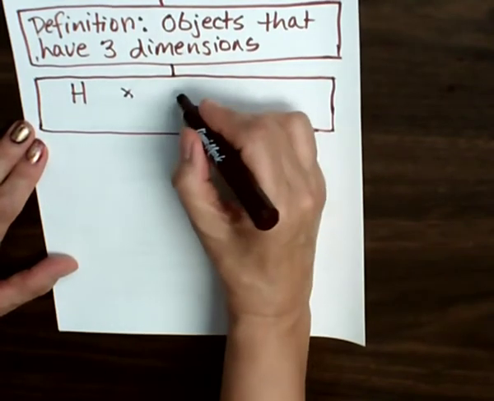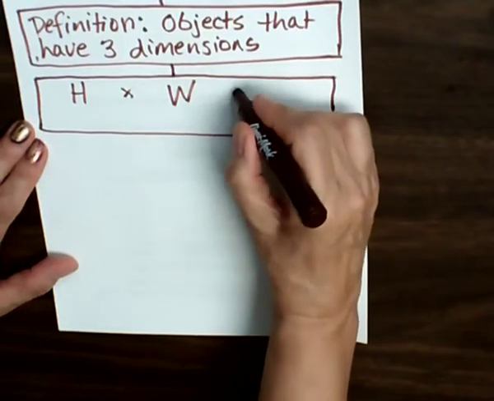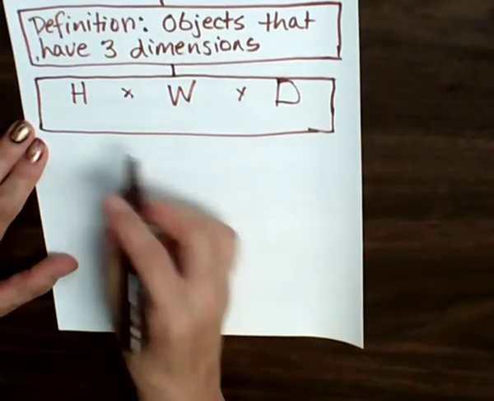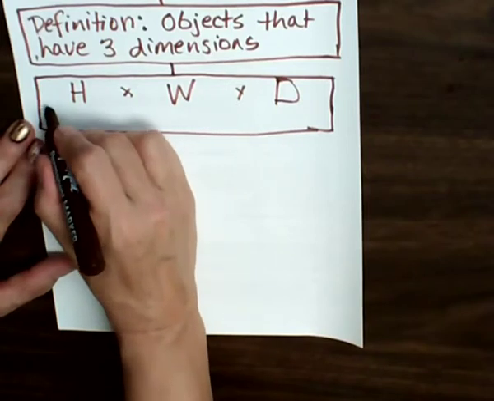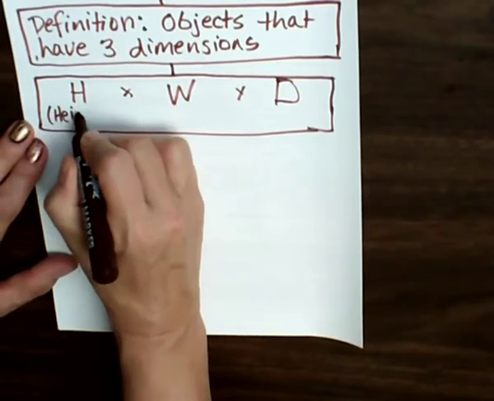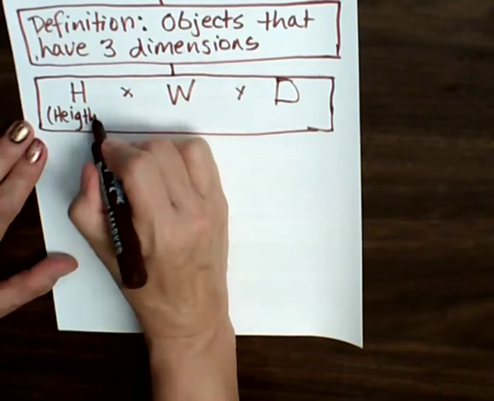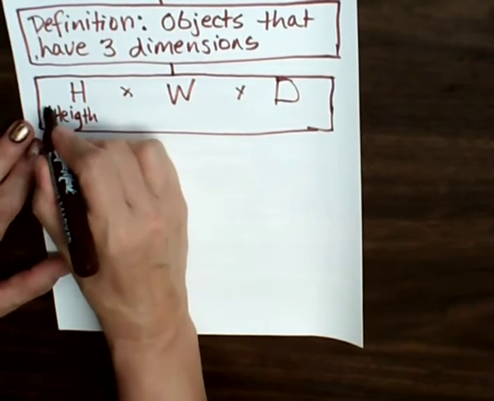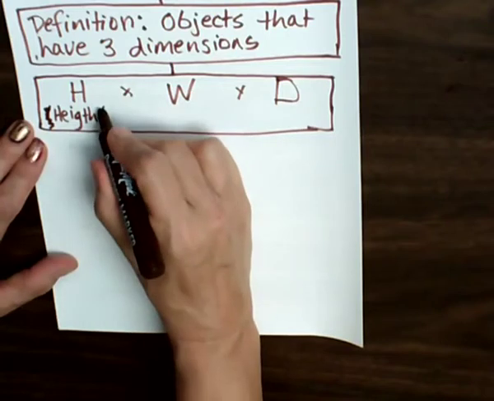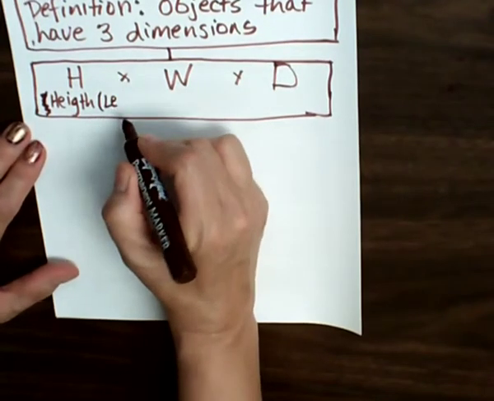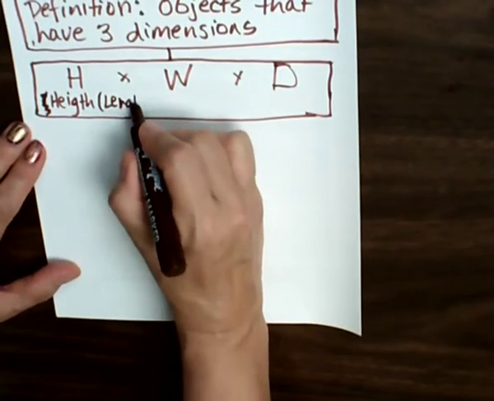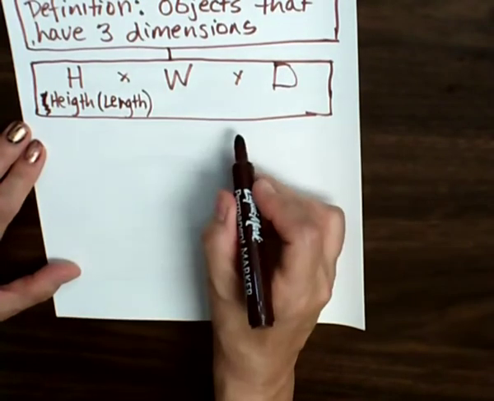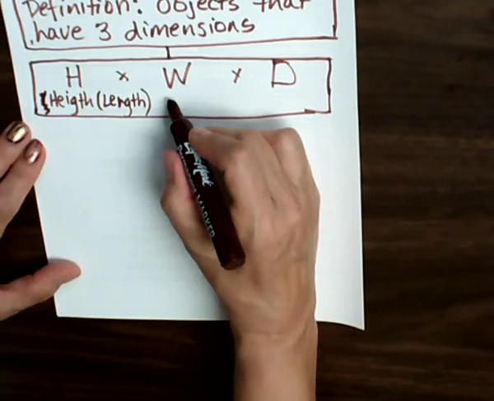We're going to say height, width, and depth. Sometimes height is referred to also as length. I'm going to put parentheses and put length, because sometimes height and length are considered the same thing. Width, how wide it is.